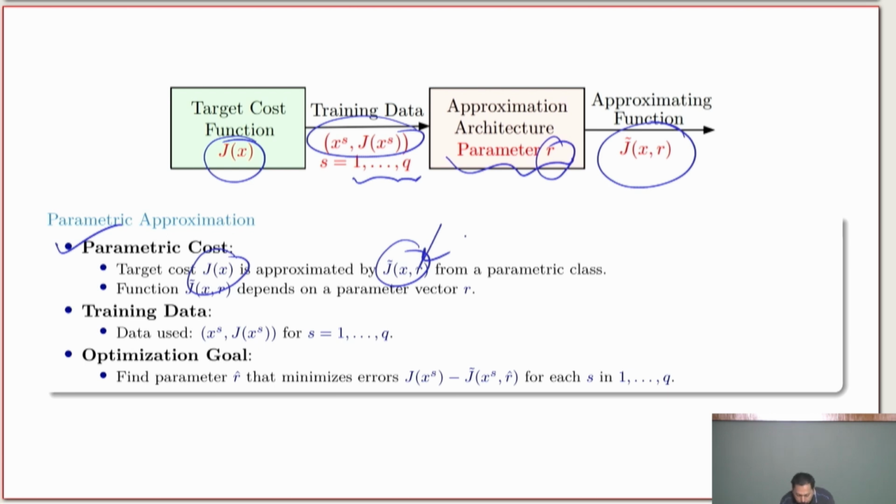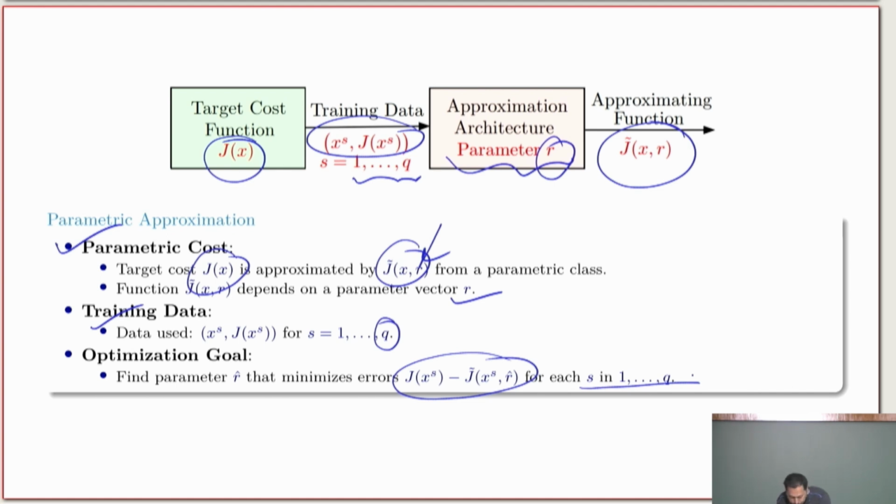These are the weights of the neural network, and obviously this depends on parameter r, and the training data, as we discussed, is (x, J(x)). Okay, and there are Q training samples, and then we would like to find a parameter r hat that minimizes this error for each sample.